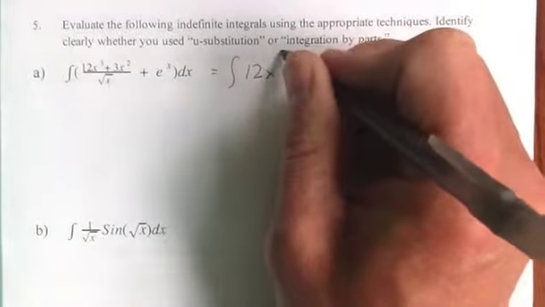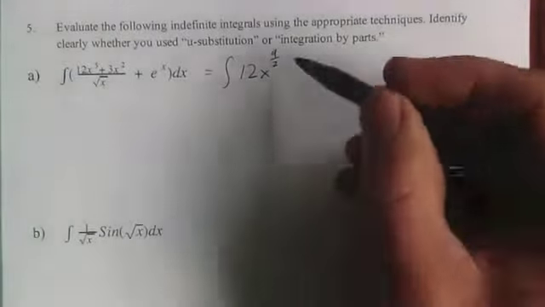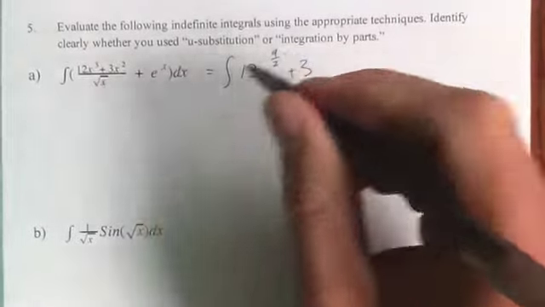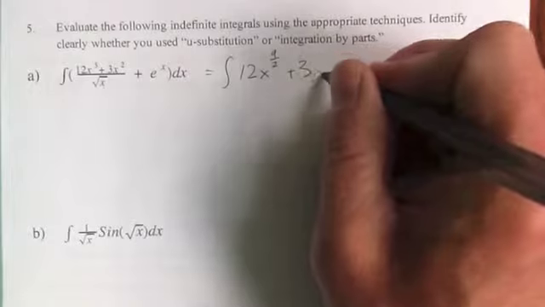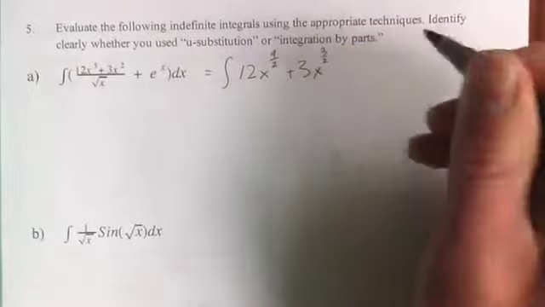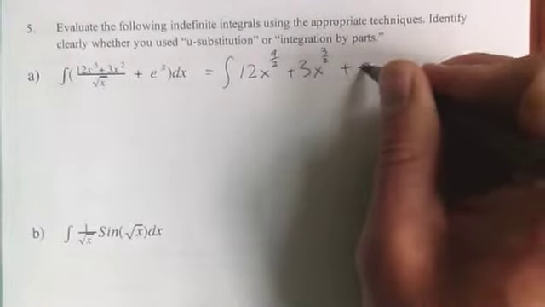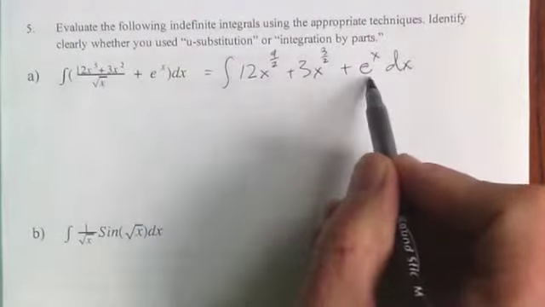I can keep that as 9/2 if I want, or I could write it even as a decimal, but we're more used to doing it like this. And then plus 3, and then 2 minus 1/2 is 1.5, or 3/2 power, okay? And then plus e to the x, and then dx.